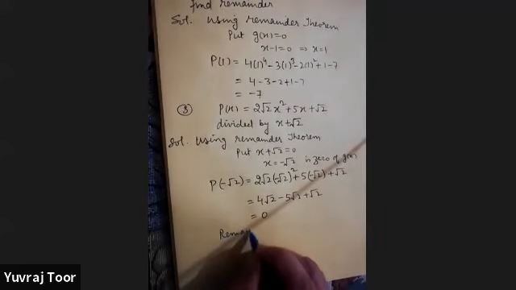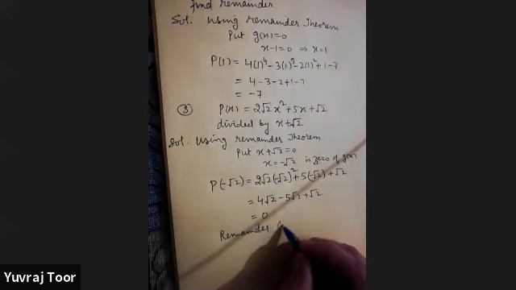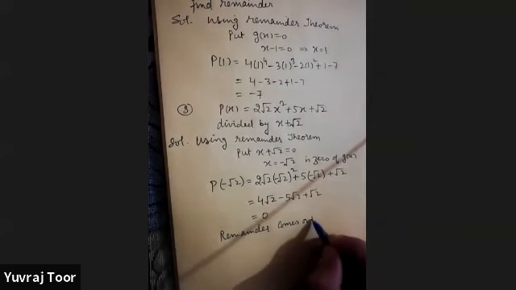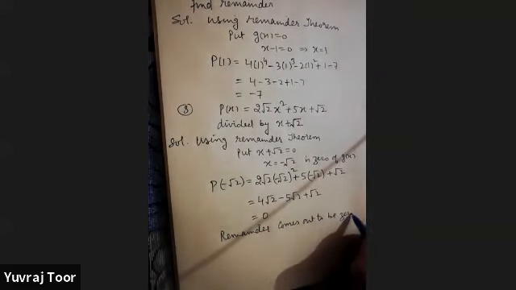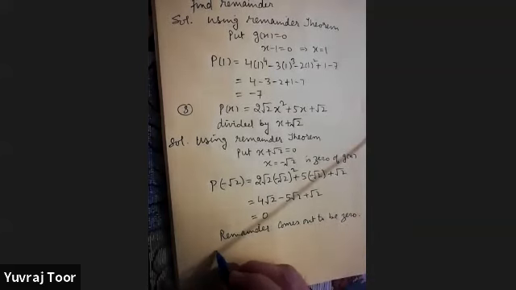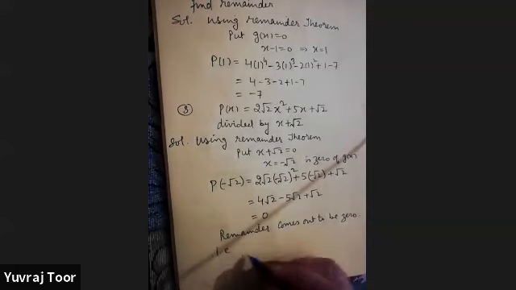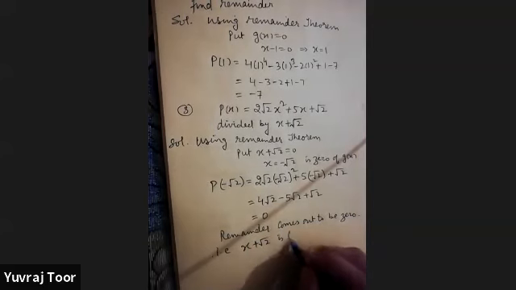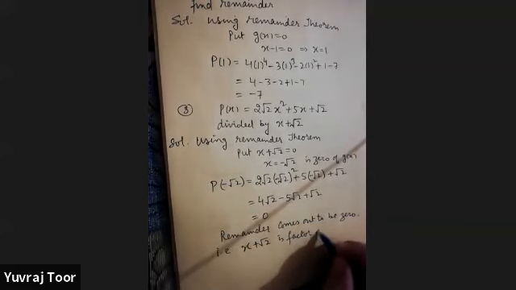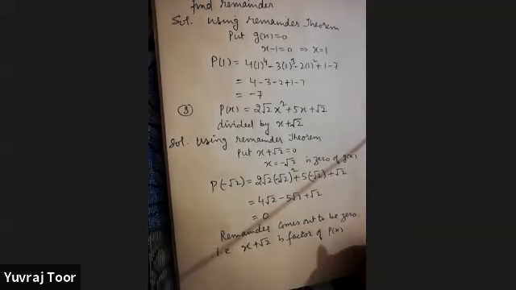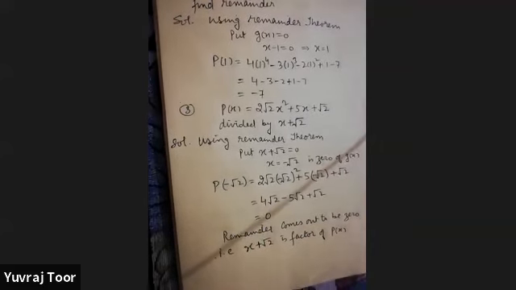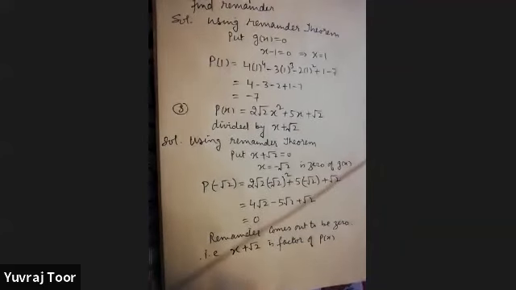The remainder comes out to be 0, that is, x plus root 2 is a factor of p(x). So we lead to a conclusion and we call that the remainder theorem.